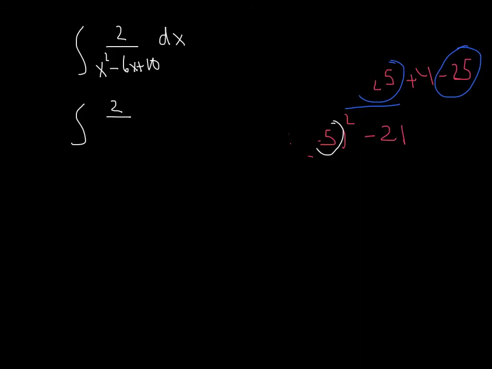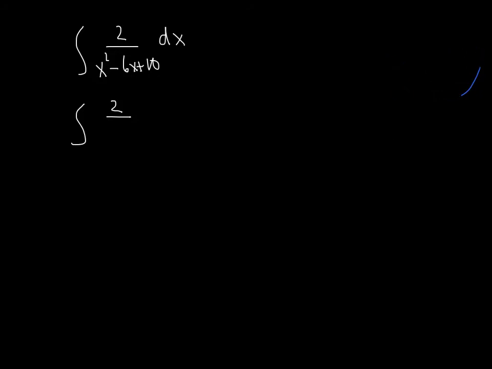So for our problem, we have x squared minus 6x plus 10 on the bottom. So if we're going to complete the square there, we need to actually take half of 6, which is 3. So we're going to say x squared minus 6x. Half of 6 is 3. Square that is 9.